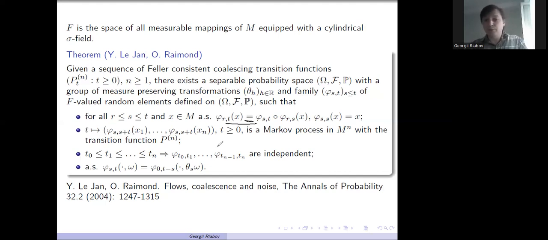So finite point motions are Markov processes with the transition functions Pn. On disjoint segments, mappings act independently. And again, this stationarity property holds almost surely.